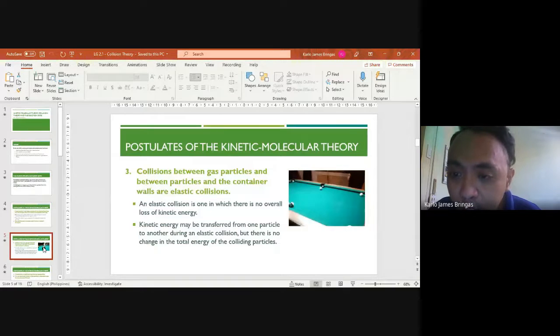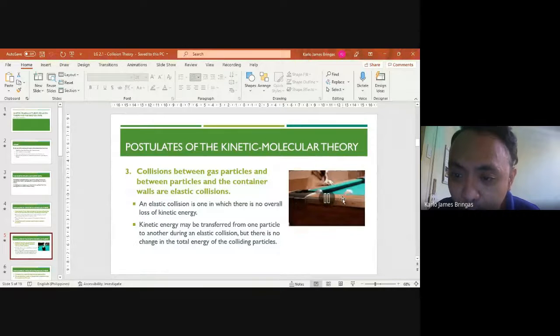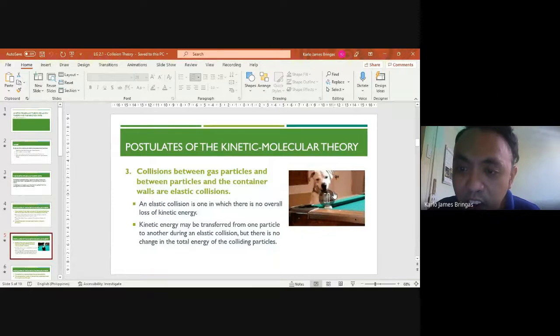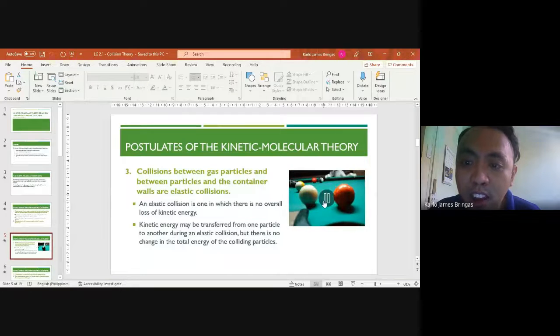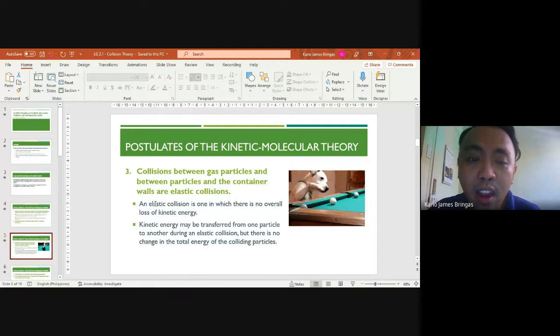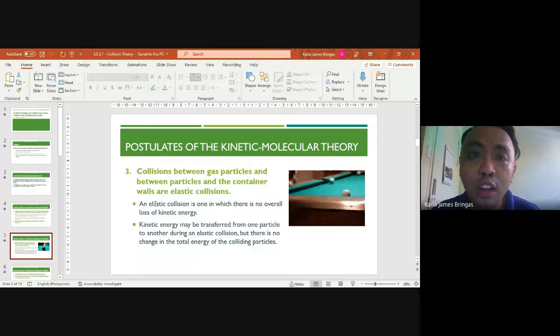Or like in this case, let's just wait for that one here. It might strike another ball and come to a complete stop. So that is how we can see elastic collisions in our day-to-day life.